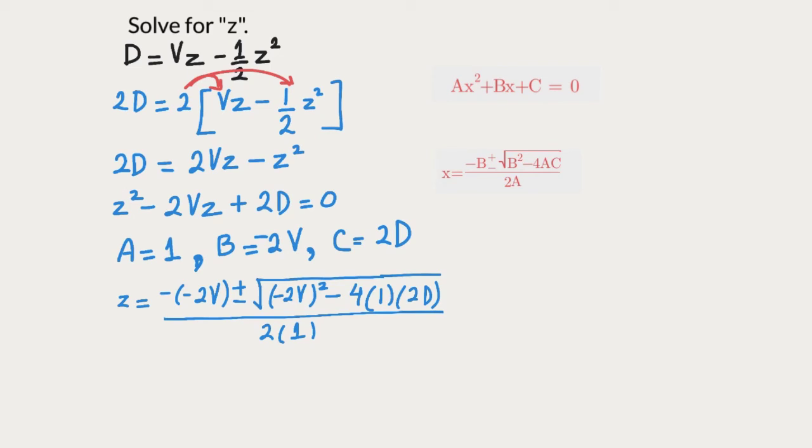Let's simplify this. 2v plus minus square root of 4v square minus 8d whole divided by 2.